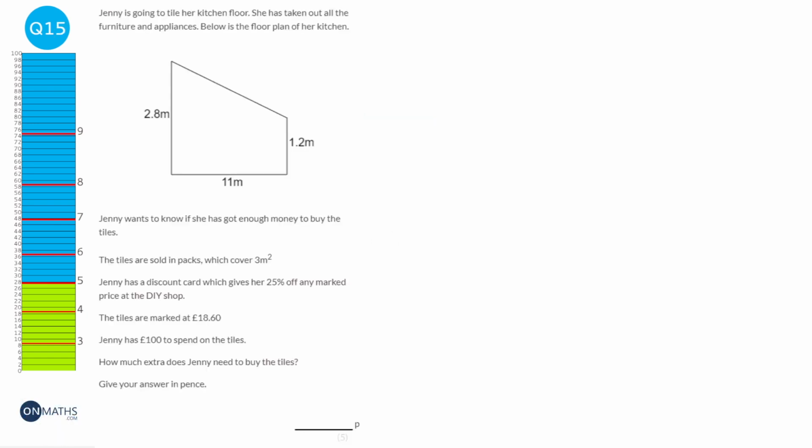The first thing we need to do is work out the area of the floor, and you'll notice that this is a trapezium. With a trapezium, the formula is half a plus b times h, and a and b are the parallel sides, so these ones are the parallel sides, and the height is the one connecting the two parallel sides.